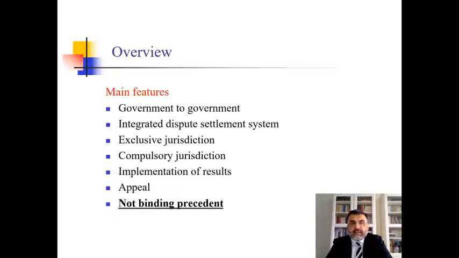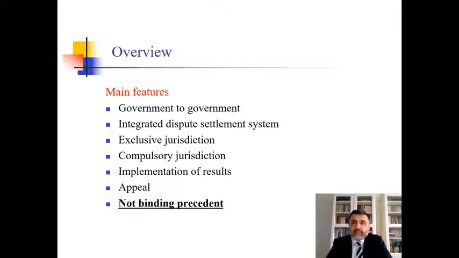Now, the system provides for exclusive jurisdiction, which means that if a WTO member alleges that another member has violated a provision of the WTO agreement, the only forum where this can be alleged is the WTO dispute settlement system. Such claims cannot be raised in fora other than WTO dispute settlement.